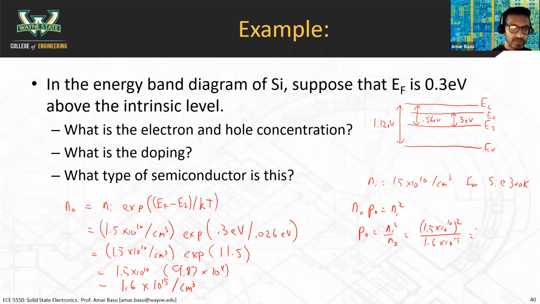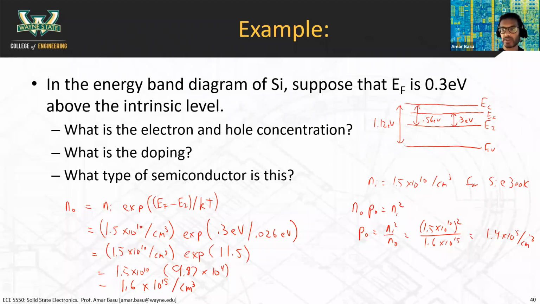All right, so I will do that real quick. 1.5 times 10 to the 10 squared divided by 1.6 times 10 to the 15th. And we get a hole concentration of 1.4 times 10 to the 5 per centimeter cubed.